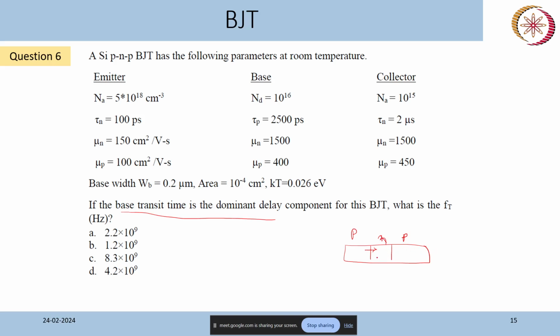And the time it takes to cross this base region, the neutral base region, that is the dominant delay for this BJT, for this design. Okay, so what will be the delay? Okay, and based on that, what will be the maximum frequency of operation we can get for this BJT, that we need to calculate. Okay.